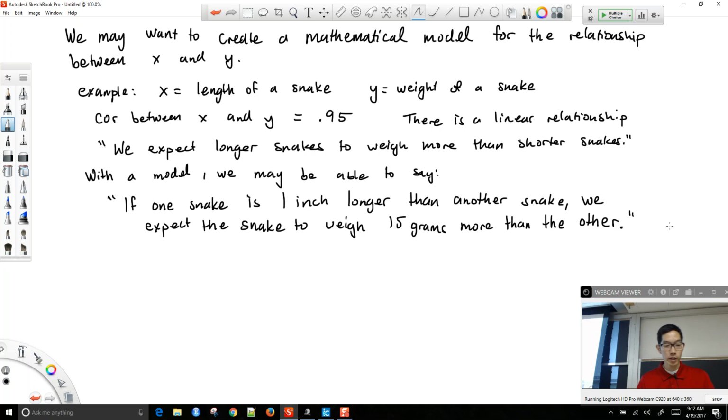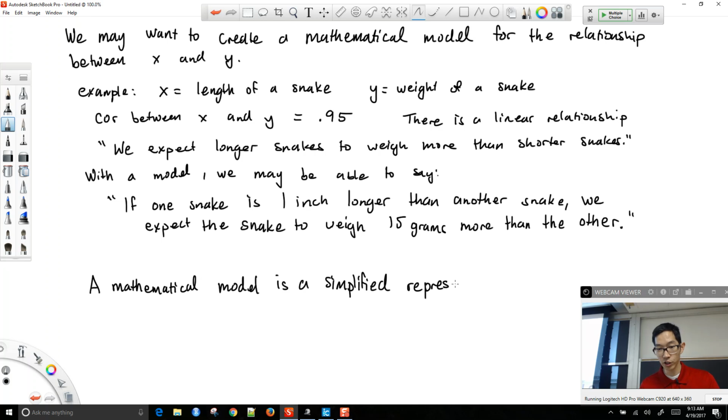And keep in mind, when we say a mathematical model or statistical model, it is a simplified representation of the actual relationship.